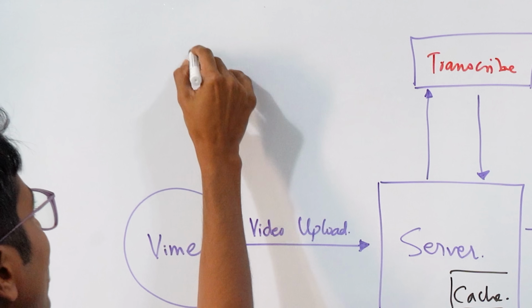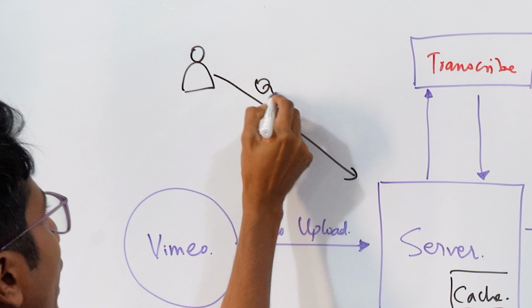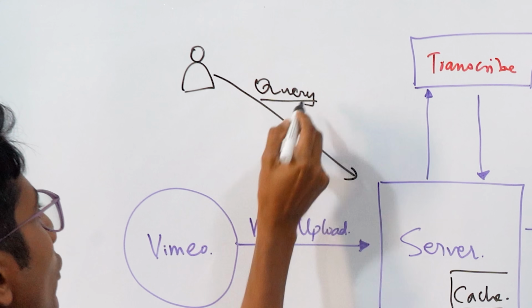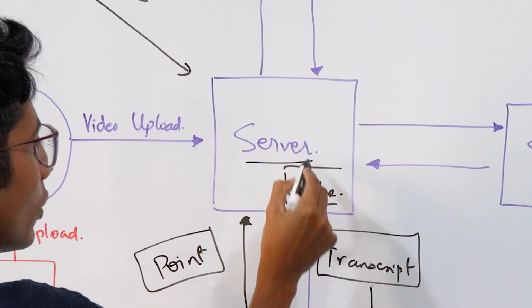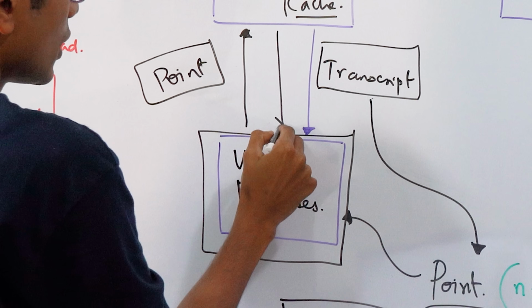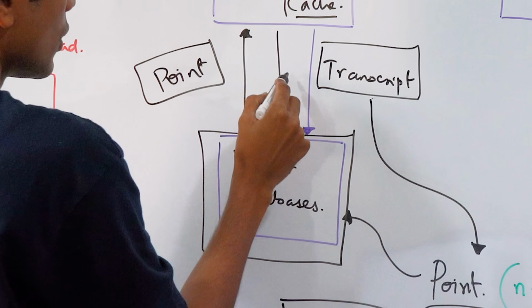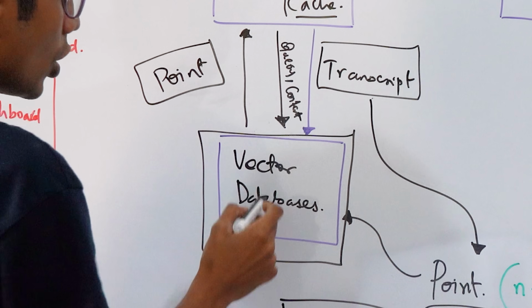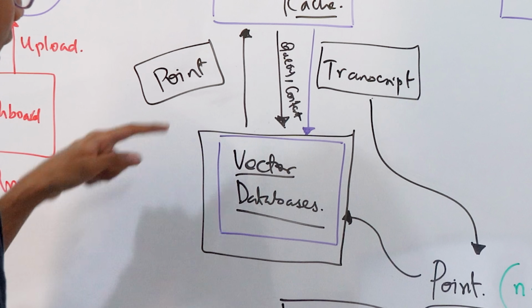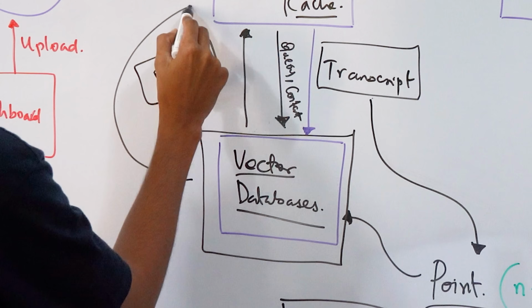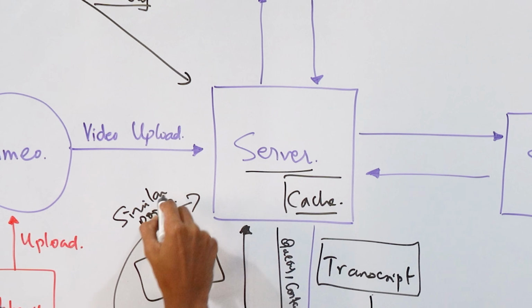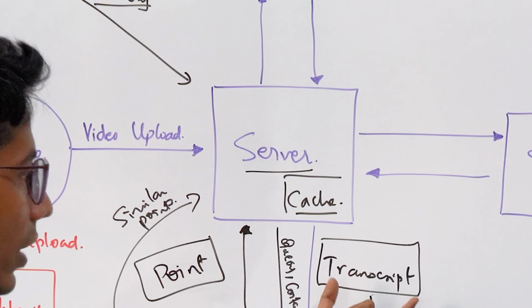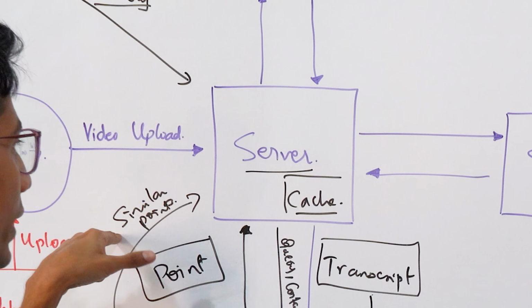So when a user actually has a query, when they ask a doubt under a video, the server sends the query and the content piece to our vector database. This tells you all similar points, which is basically similar files, similar transcripts, similar videos to this query.